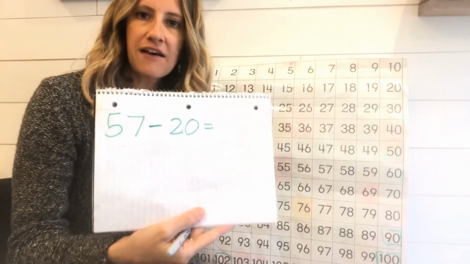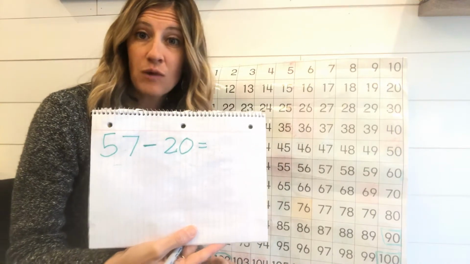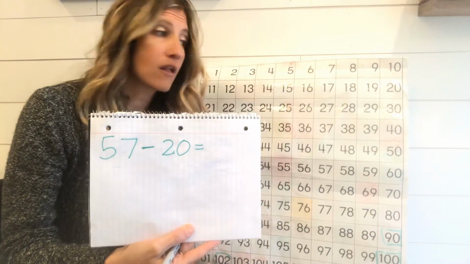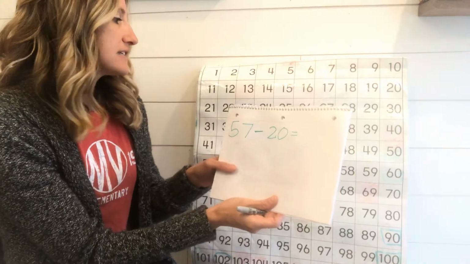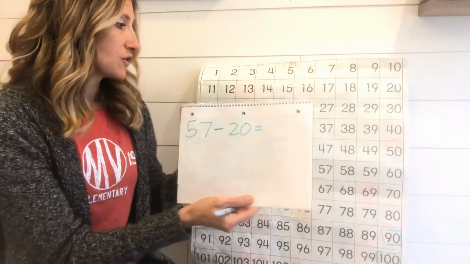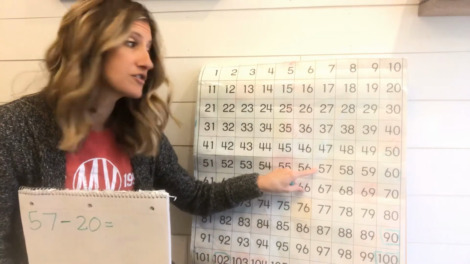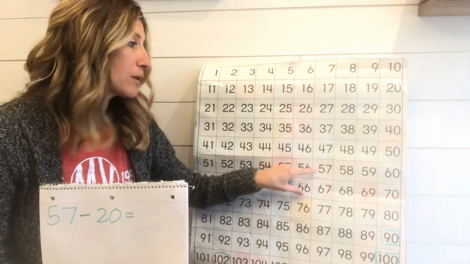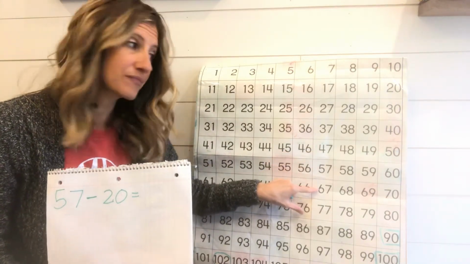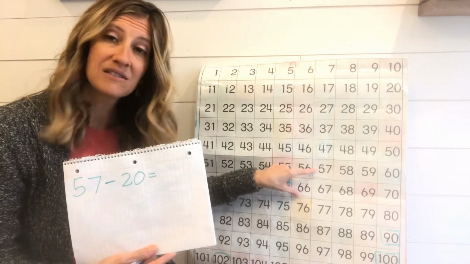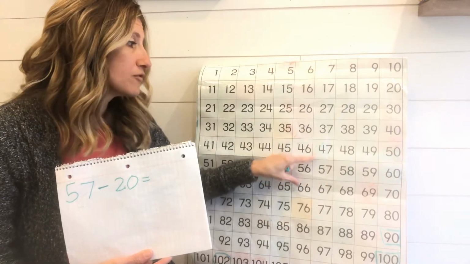So 57 minus 20. You can go ahead and write that down as well if you'd like to work along. So think about it. Are we going to go up or are we going to move down? Well, since the number's getting smaller, we're going to want to move up.